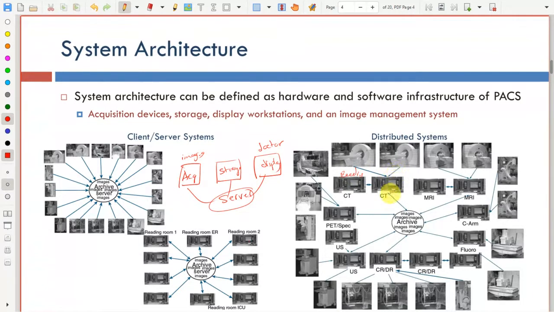You probably have this one assigned to be CT only, so this particular workstation is dedicated to CT. It might be connected directly to the CT scanners, so that you can collect the data directly from the CT scanners. You might have other workstations that work only for MRI, okay?